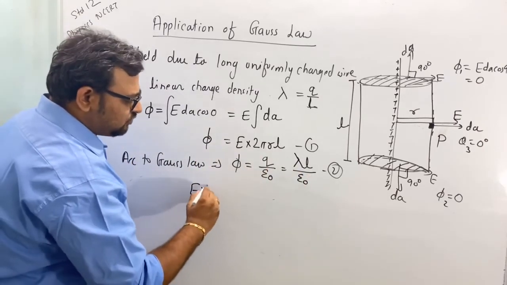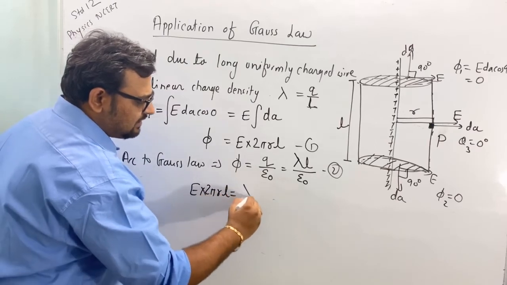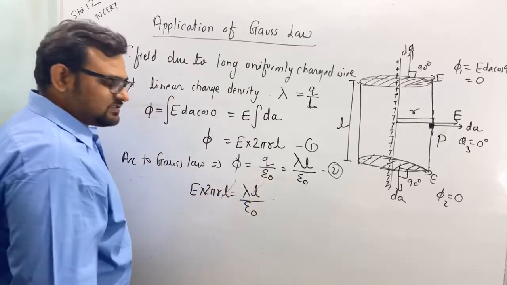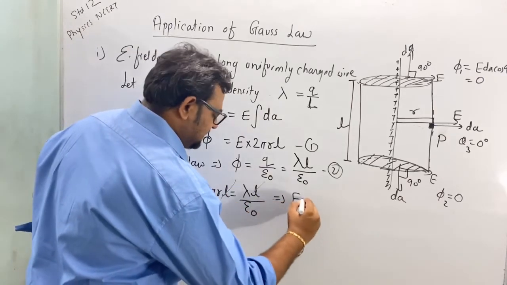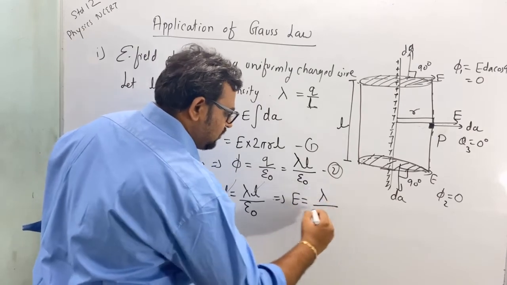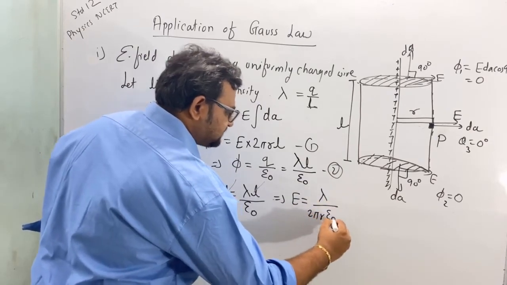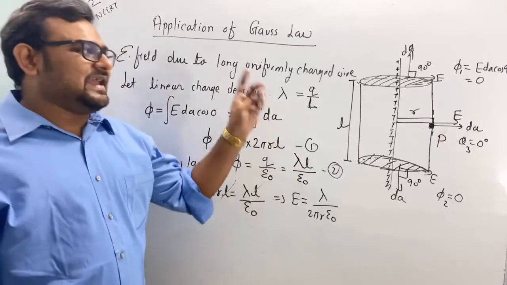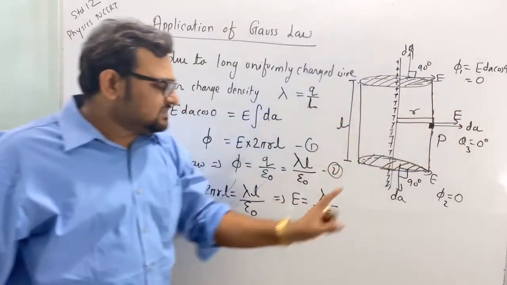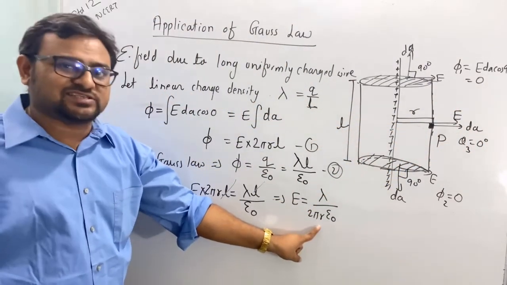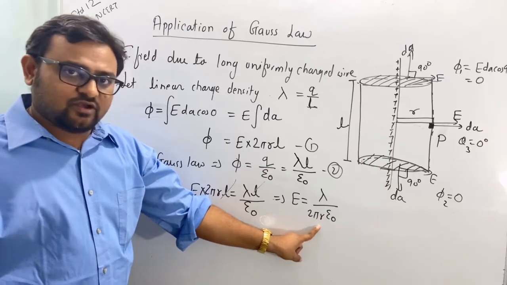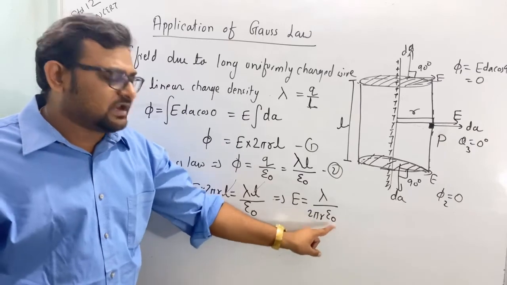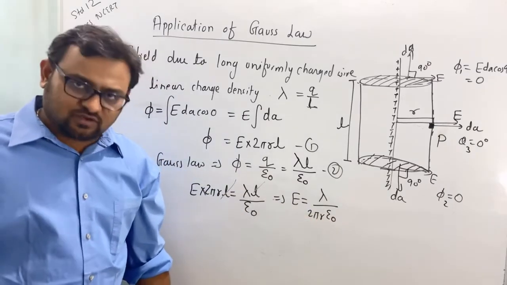So E into 2 pi r L equals lambda L by epsilon 0. The length gets cancelled. So the electric field is lambda upon 2 pi r epsilon 0. Clear?